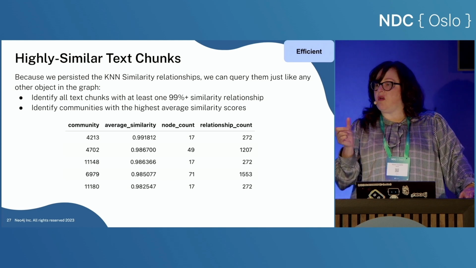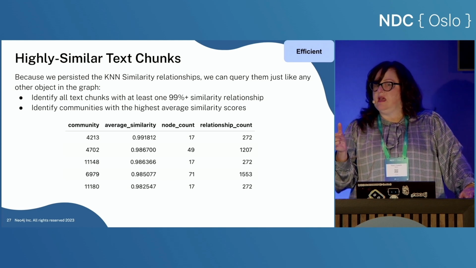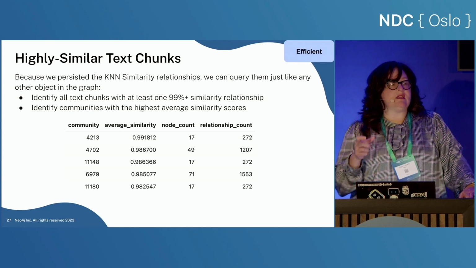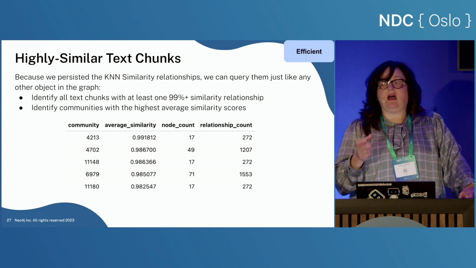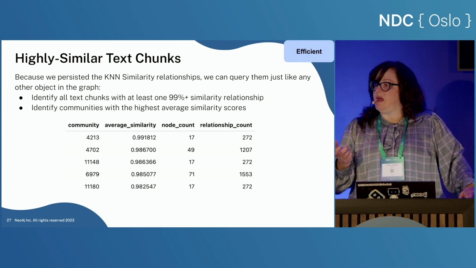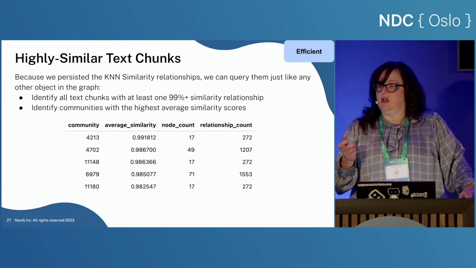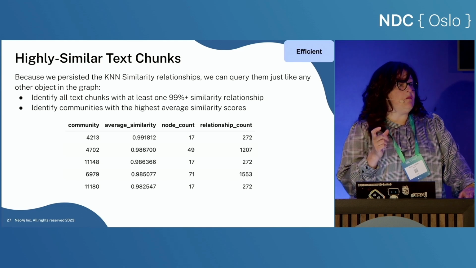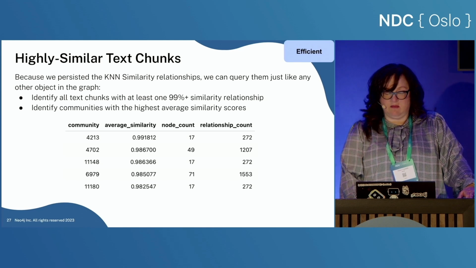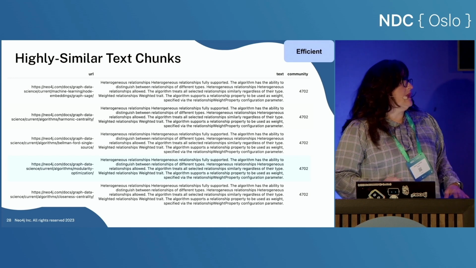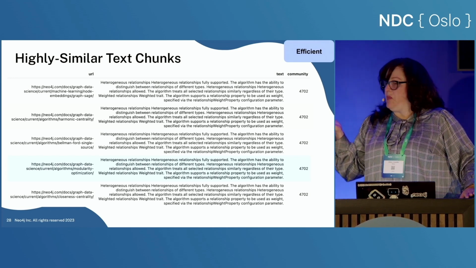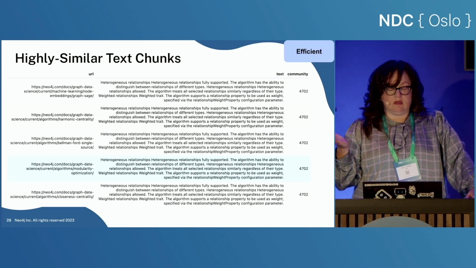How similar are these items to each other? If all of the documents within that group are very, very similar, there's a high likelihood that they're going to be redundant. And again, it goes back to in your RAG application, you're pulling back a certain number of documents. Do I want really the same documents? So when we went in and looked at where we had that high similarity, you can see an example of what that text chunk looked like.